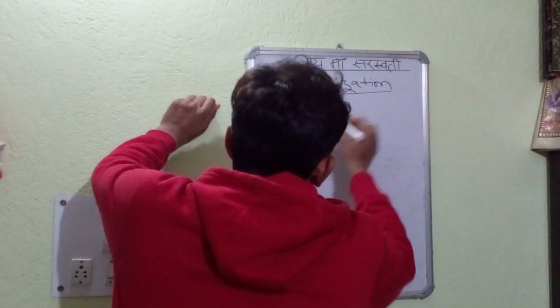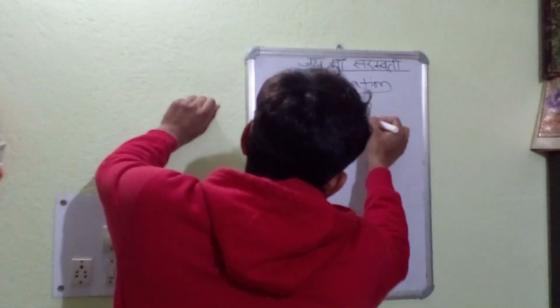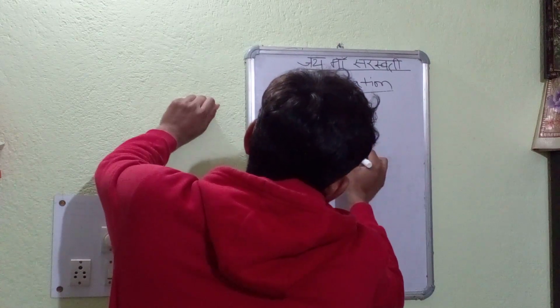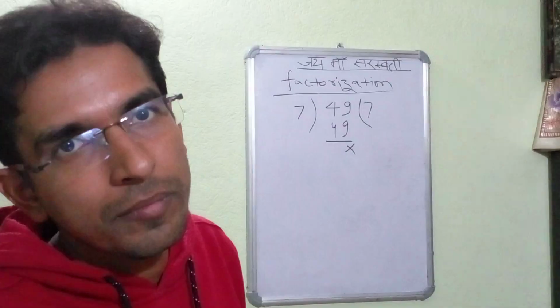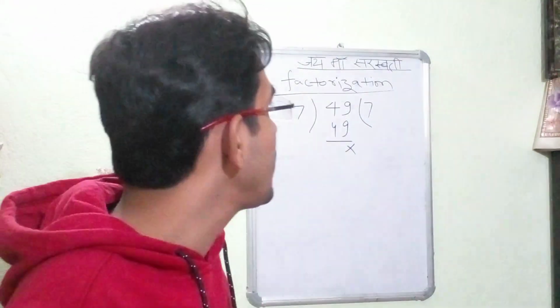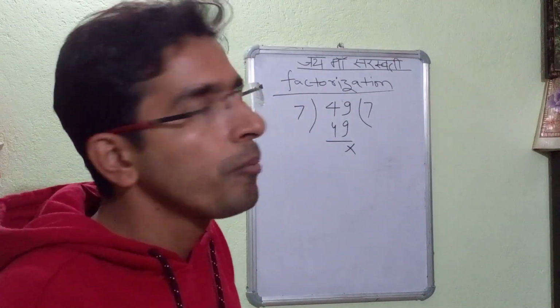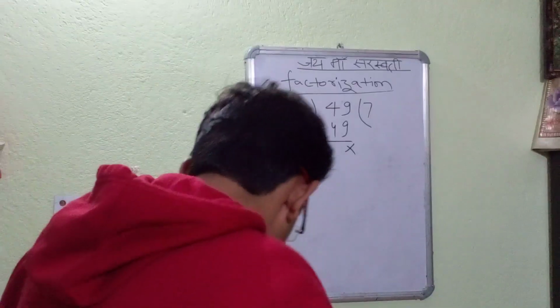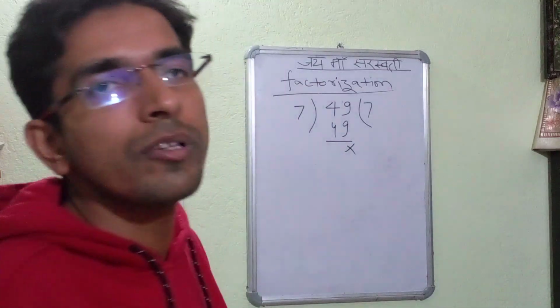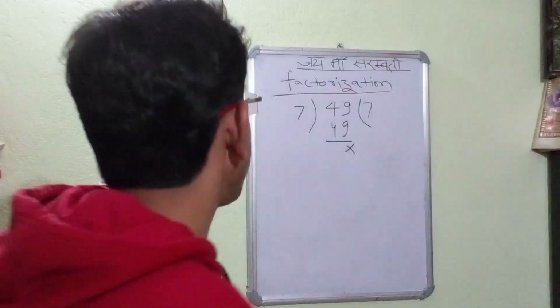So if we divide this by 7, 7 7s are 49, then we can say that 7 is a factor of 49, because post division by 7, we get remainder 0.